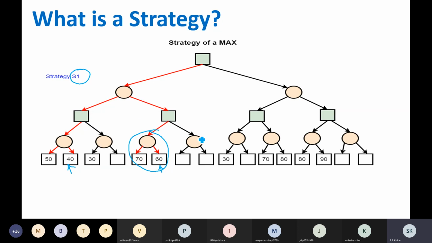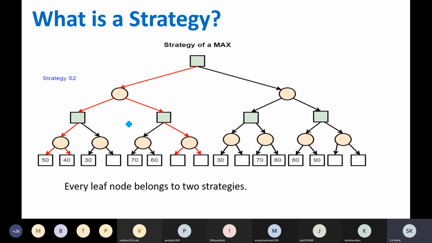So this is shown out here, the red one. This part will remain the same if min has made this left one and max has made the left move. At the same time, if min has made this move, instead of this max can make this move also. This is another possibility, so that belongs to strategy S2.